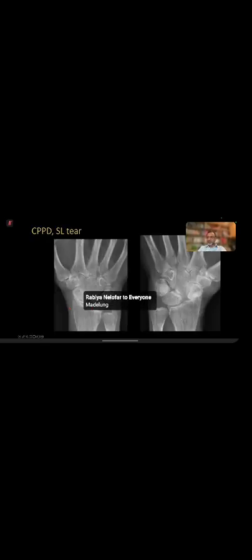Okay, so you can see that there's a calcification there, significant osteoarthritis on both sides, and the scapholunate gap is increased. So what will happen? The capitate will sublux proximally, and it will cause arthritis now because normal alignment is gone. This will lead to secondary osteoarthritis, and this is called scapholunate advanced collapse, or SLAC.